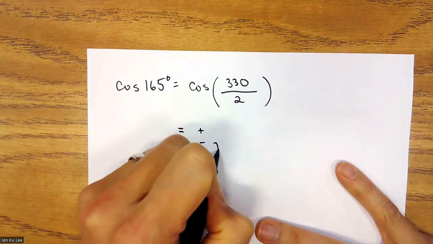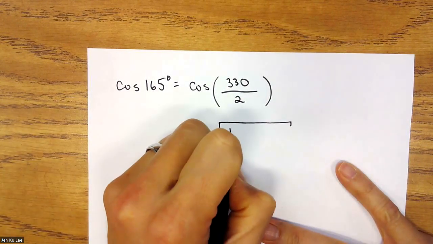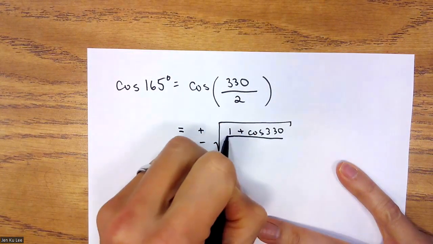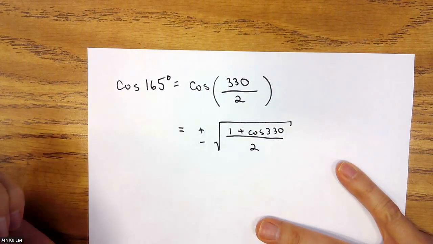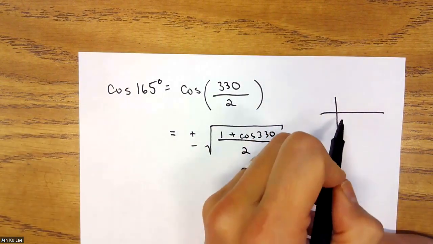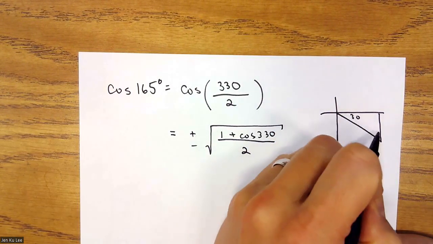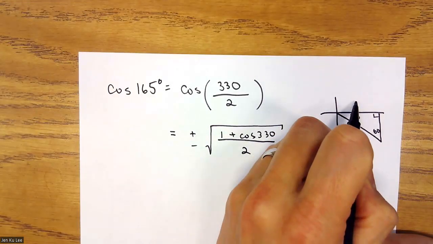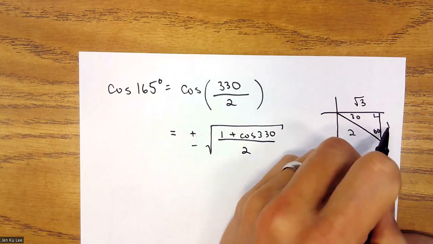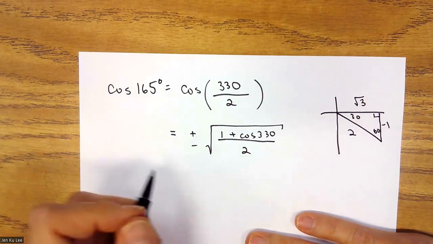It's plus or minus the square root of 1 plus cosine of 330 over 2. So 330 is in my fourth quadrant, the 30-degree angle here. So that's square root of 3, that's 1, that's 2, that's negative. So cosine would be square root of 3 over 2.